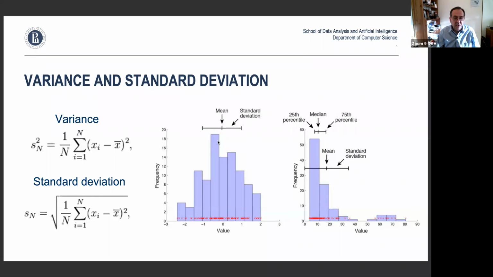Versus here, it actually tells you that most of the data is within that standard deviation. We're going to see in a second how much of the data it is, around 67% typically if it's a Gaussian distribution. So again, mean and variance are great measures if your distribution is nice, smooth, and has this bell-shaped, Gaussian shape. It's actually not that useful for other types of distributions.